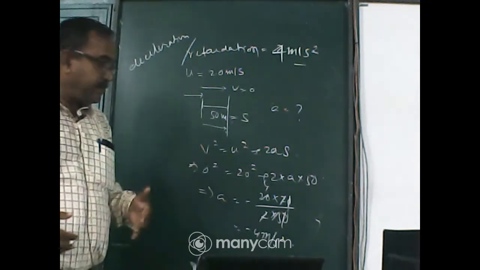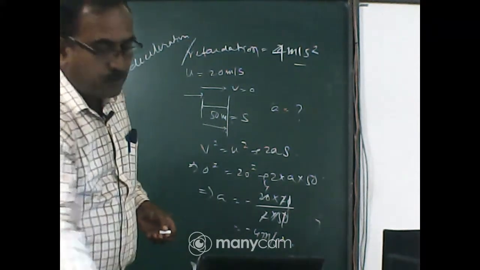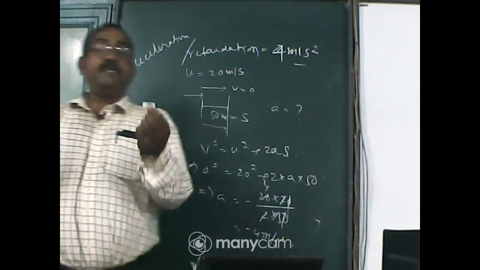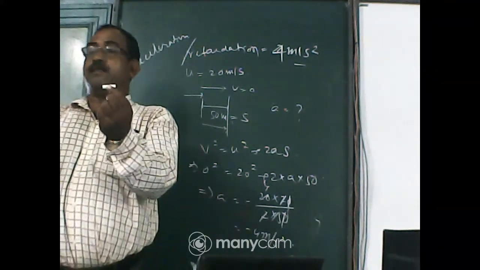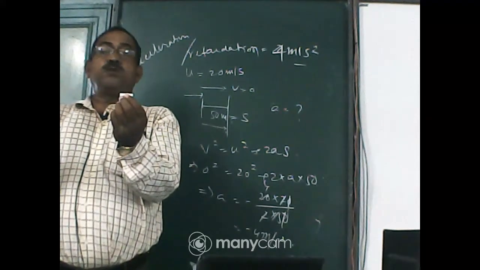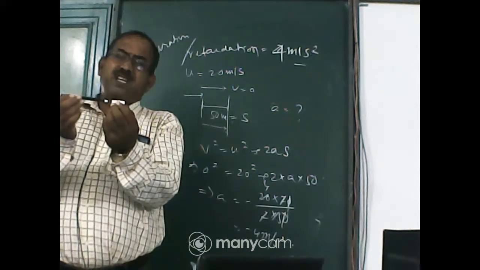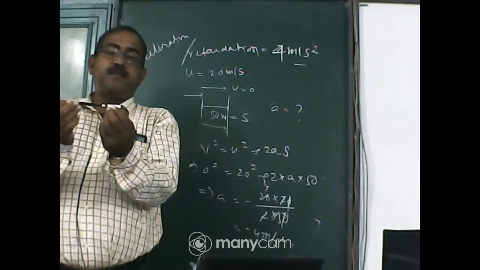Suppose you consider it, the car is here and the person is 50 meter ahead from the car. It will strike this person, but if it just stops nearer to the person, they do not collide.